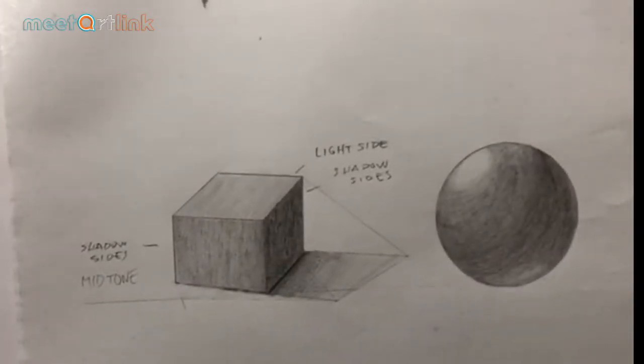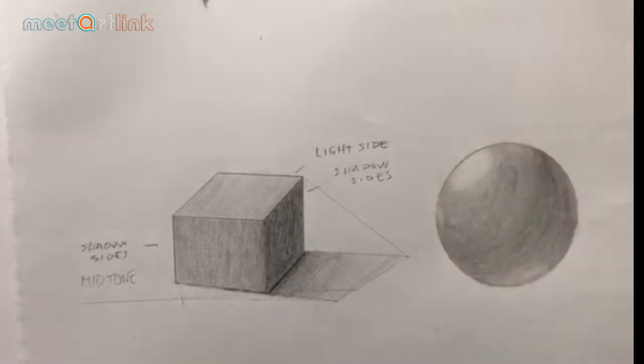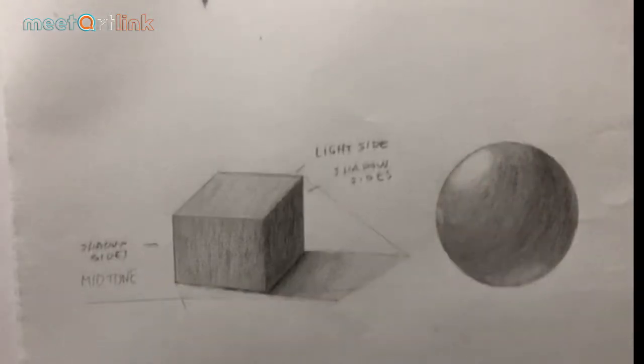Okay, if you let me, I'm going to keep working on this. I just want to erase a bit of here that I think I overdid it. And let me just blend that in.